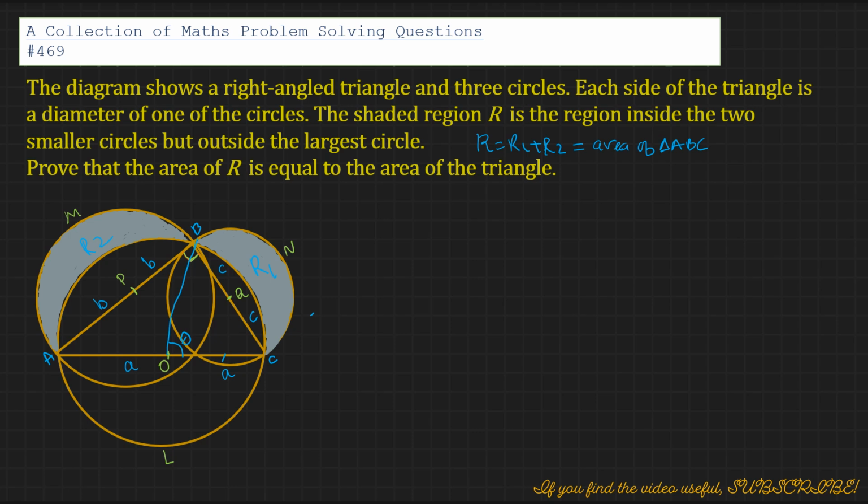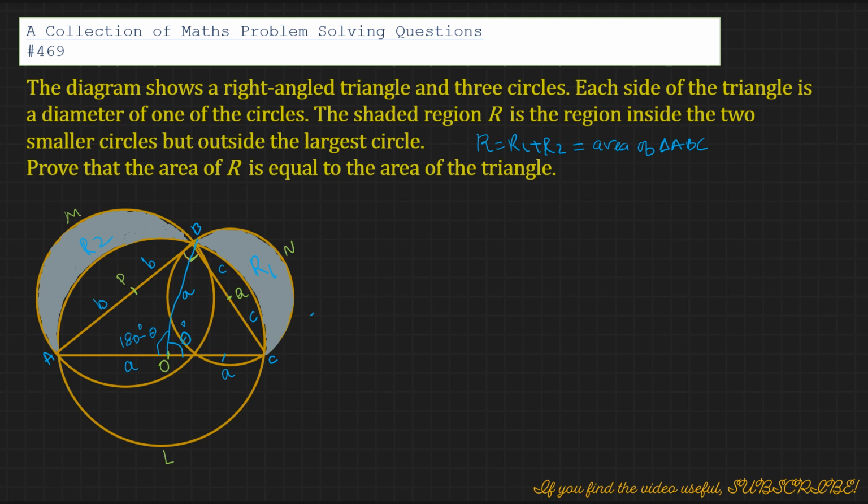So obviously triangle OBC is isosceles, and OC is A. So OB would also be A. And angle AOB would then be 180 degrees minus theta. Now they're all in degrees, okay? Theta degrees.